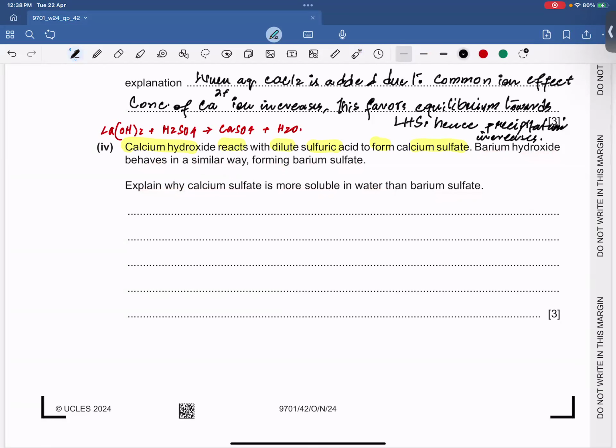So that's because of the charge density and lattice energy and hydration enthalpy. So what we can say is calcium ion has a smaller radius, smaller ionic radius than barium ions.